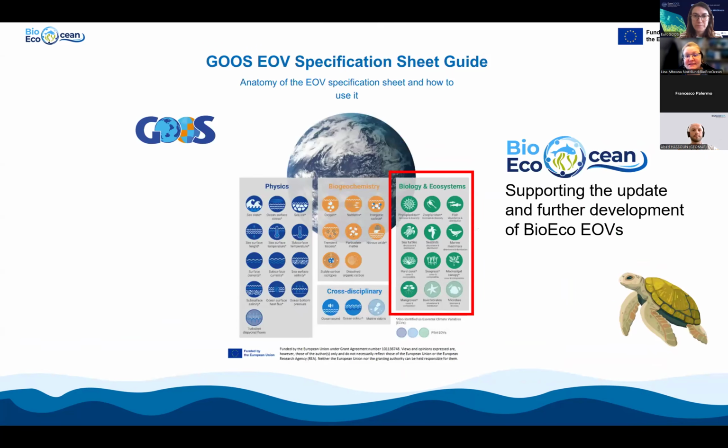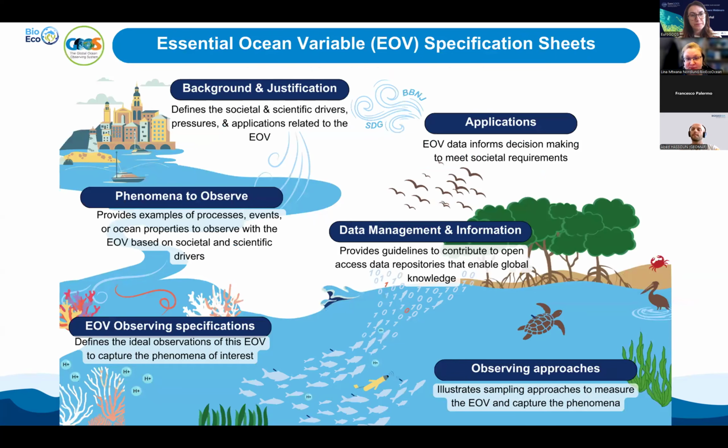As I said, in our project, BioEcoOcean, we are focusing on biology and ecosystems. One of the big things that we've been doing is to support the update and further development of the biology and ecosystem essential ocean variables, especially the specification sheets. Each EOV has a specification sheet. It's sort of a recipe of what to do.